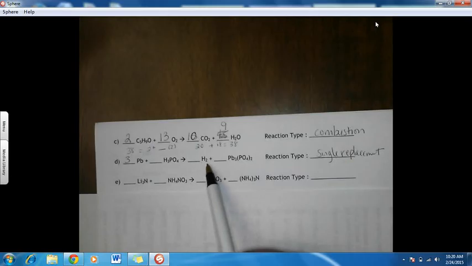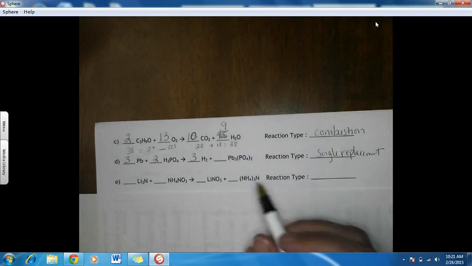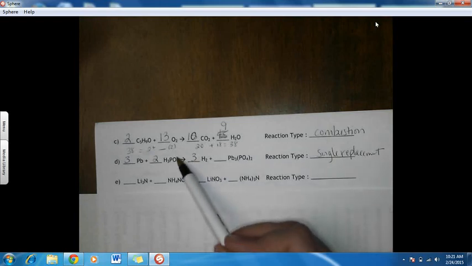Now we have our hydrogens. We have 3 hydrogens here and 2 hydrogens there. The best way to balance a 2 and a 3, lowest common multiple, is 6. If we multiply this by 2 and this by 3, then they'll both be 6. Now that means we now have 2 phosphates here, but that's alright, because here we have 2 phosphates over here, and this is balanced.